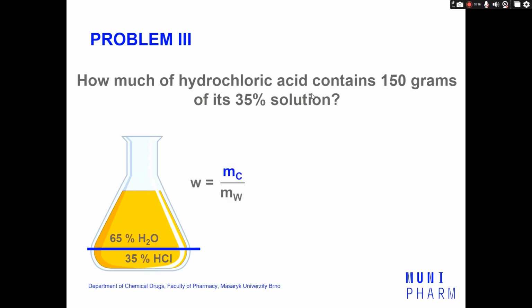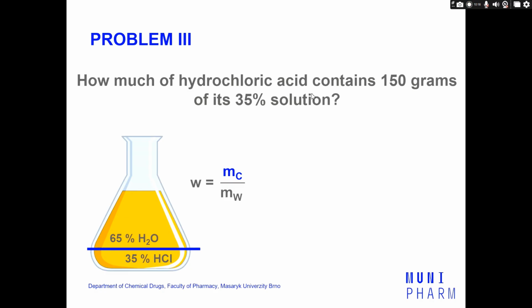I know that I have 150 grams of a 35% solution of hydrochloric acid, and I want to find out how much pure hydrochloric acid I really have. Pure acid means a hypothetical 100% solution. As we said, when I use it in the experiment, I need to know what amount of the solution will take part in the possible chemical reaction.